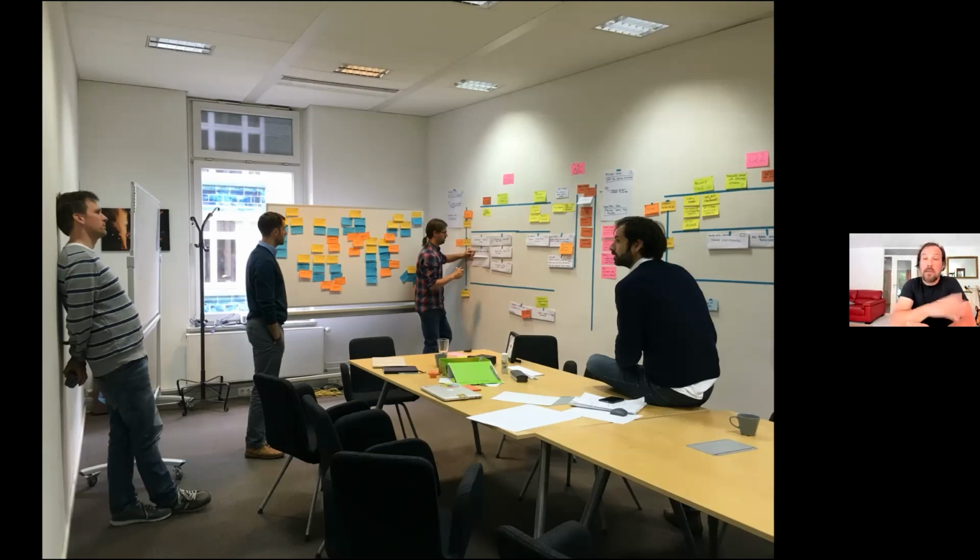Because they are using just wall space, they can be really creative about how they structure the information. Tools like JIRA are not just bad because they focus you on moving things up and down, but they also limit your creativity and the way you structure information. But if you go with paper, you can really be creative.